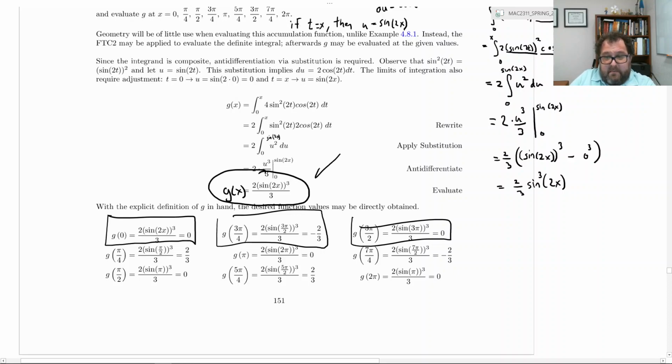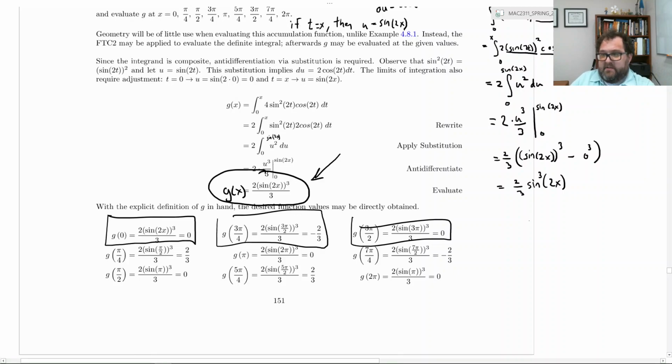Basically, it's like the integral already done for us, except for plugging in the upper limit of integration. So it allows us to quickly do 9 definite integrals.